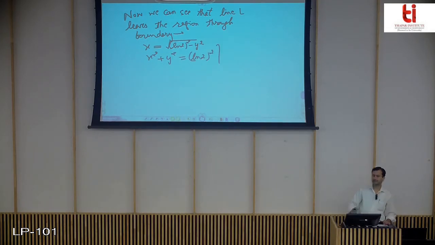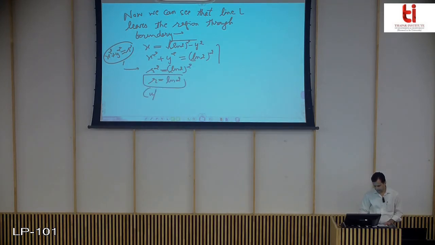We have written this because we drew the region of integration in Cartesian. However, now we need the limits of integration in polar. So we need to convert this boundary into polar. Since x² plus y² equals r², this gives r² equals (ln2)². So basically r equals ln2. So this is the upper limit of r. So r varies from 0 to ln2.